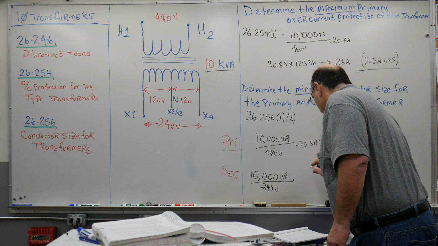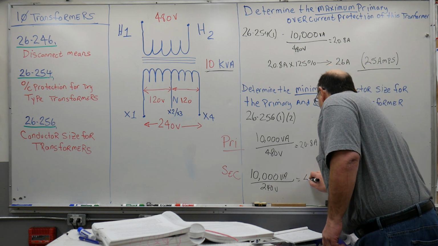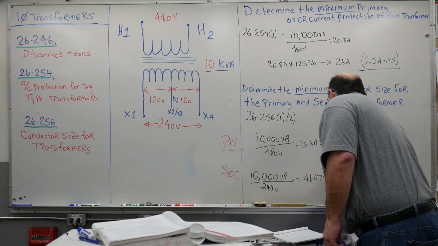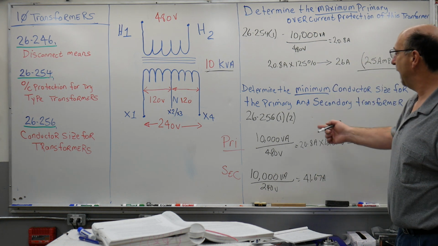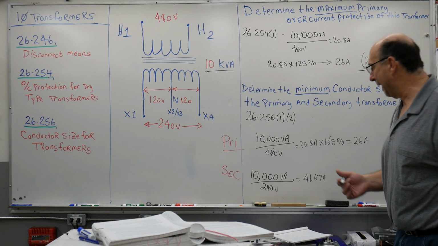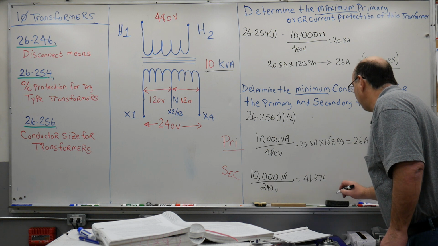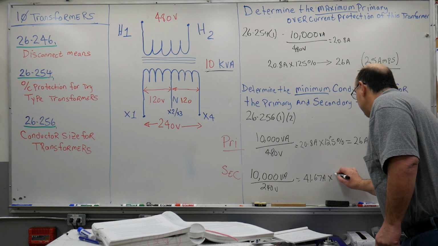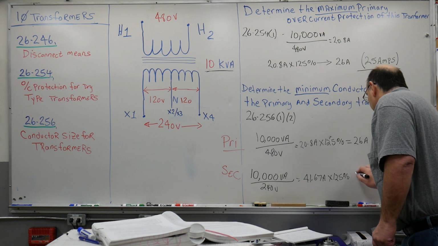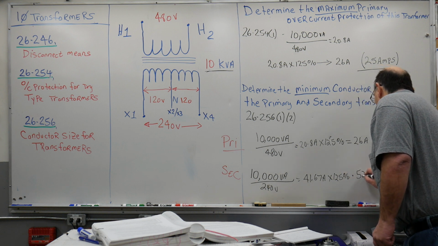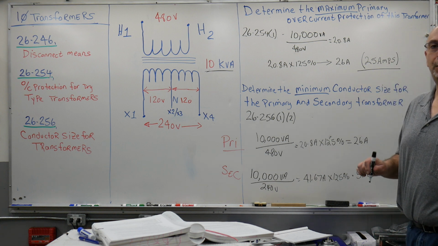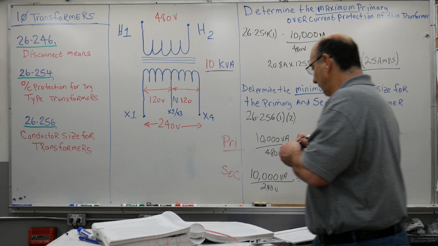And then our answer is 41.67 amps. Once again, in Sub-Rule 2, it says we have to add a 25% safety factor in here. So we take the 41.67 times 125%, and we come up with 52.08 amps.